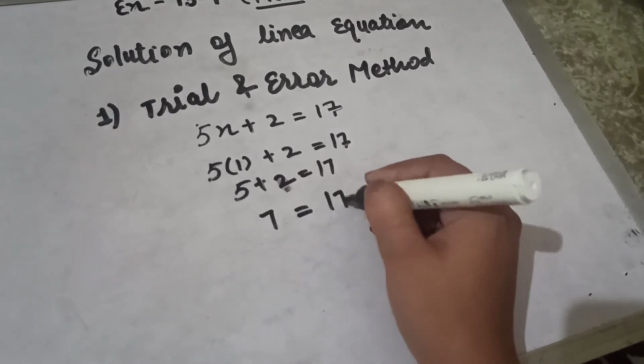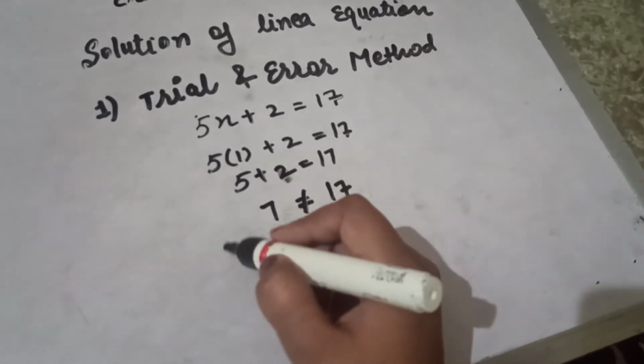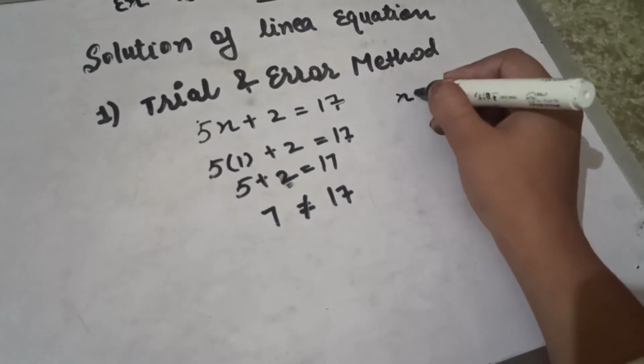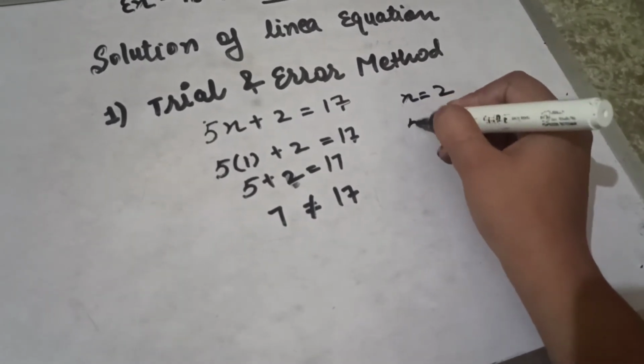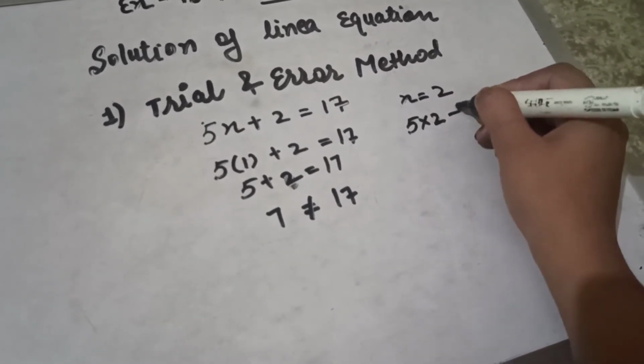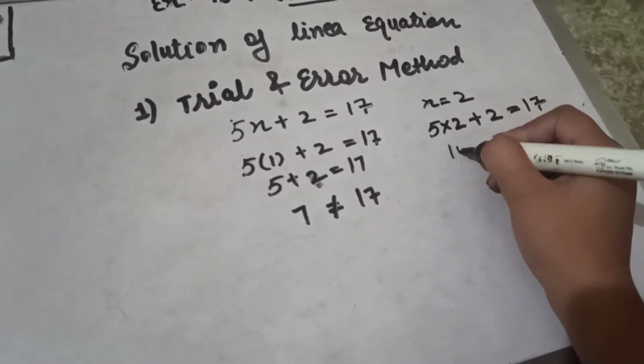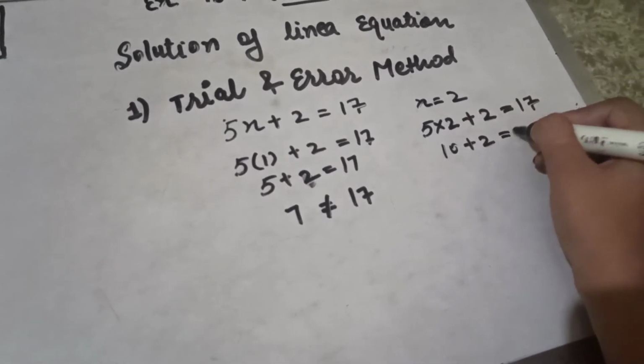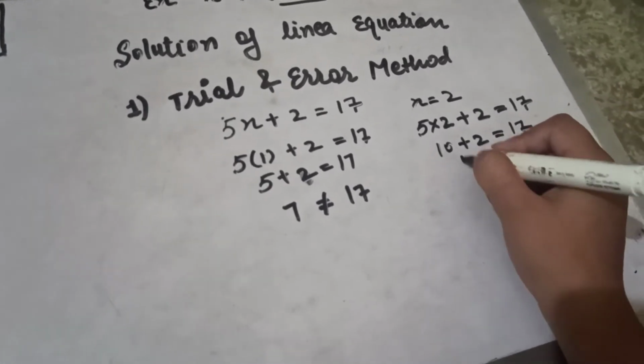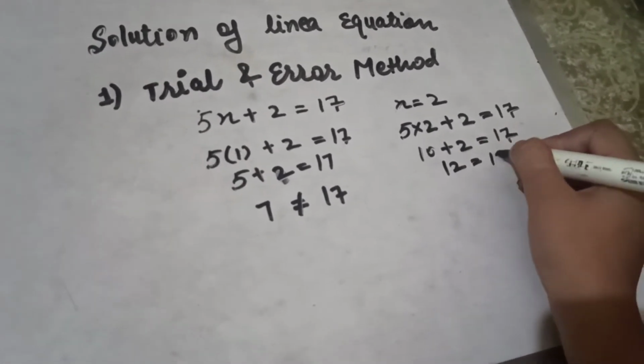Equals 17? No. It means error. Again you will put x equals 2. 5 multiplied by 2 plus 2 equals 17. 5 twos are 10, plus 2, 12. Is it equal to 17?